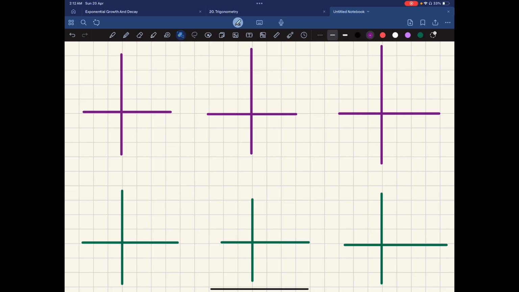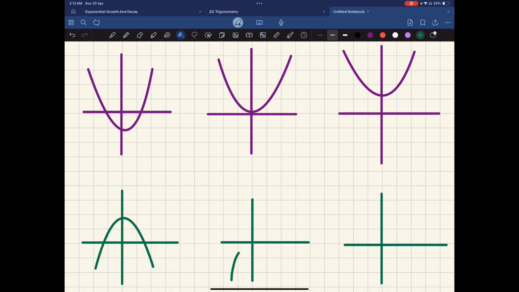Okay, so see, in this case, the graph is intersecting the x-axis at 2 points.